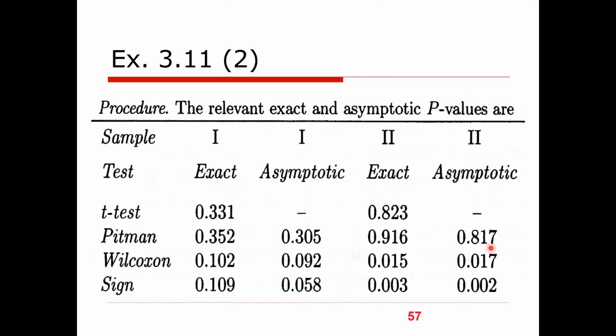Because we have asymptotic data and some extreme values, the t-tests just blow up. They're not really useful. That's why we introduce nonparametric methods, right? Then the asymptotic values for the Pitman test don't look too good, right?